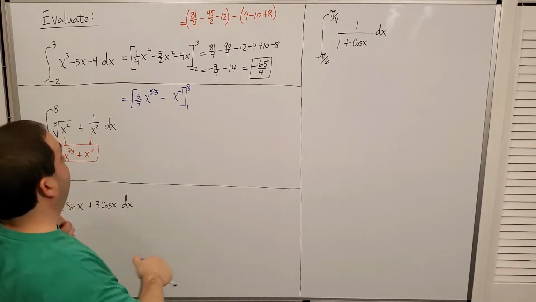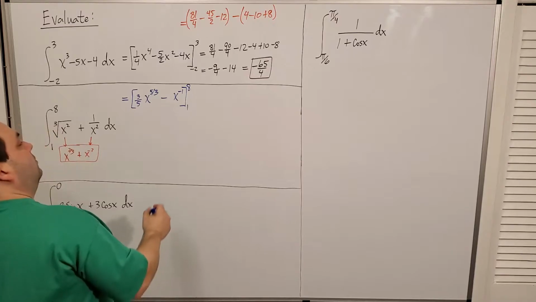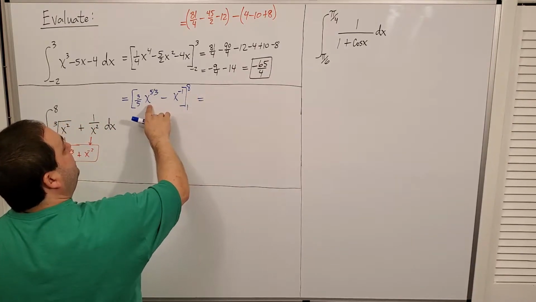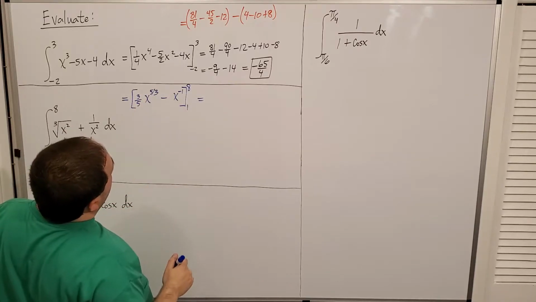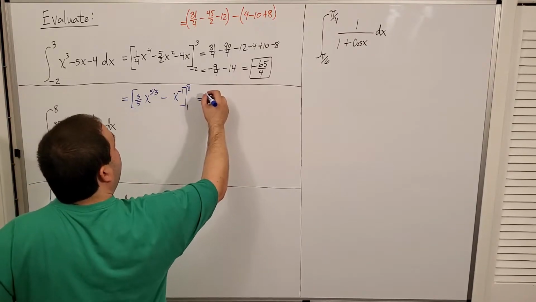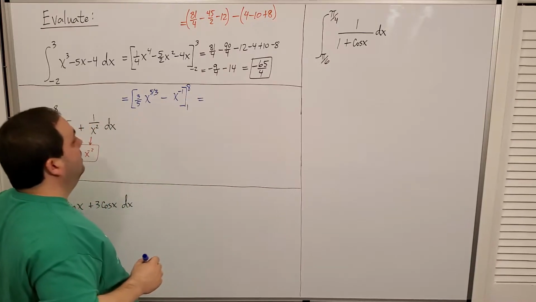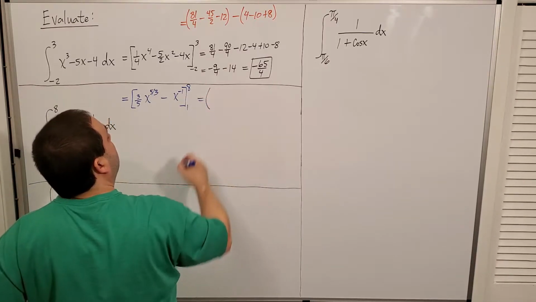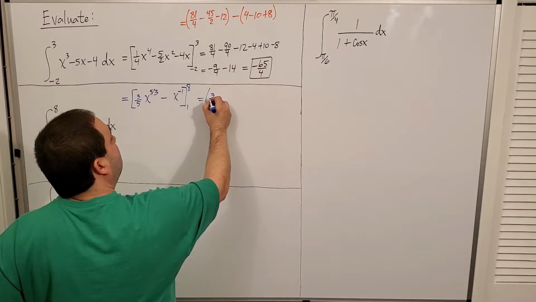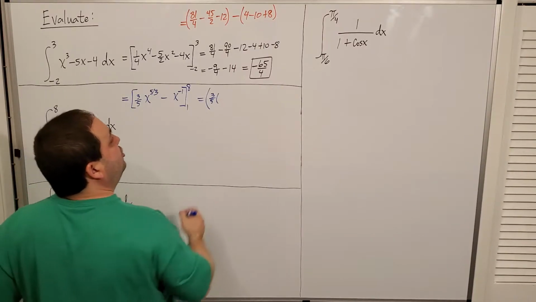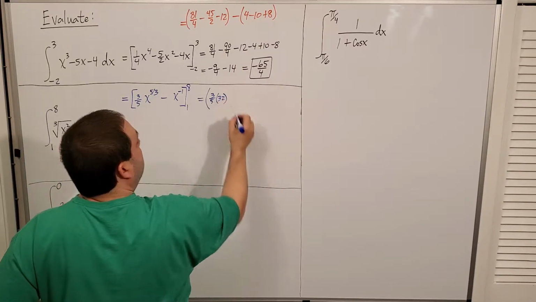All right. So now I'm going to plug in 8 into x to the 5/3. So that's going to be 3/5 times 8 to the 5/3. Okay, so 3/5 times 8 to the 5/3 is 32, right?